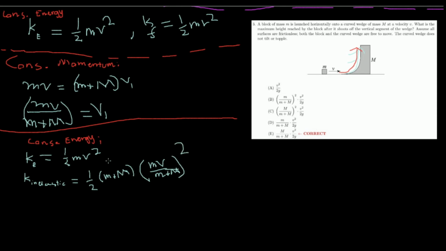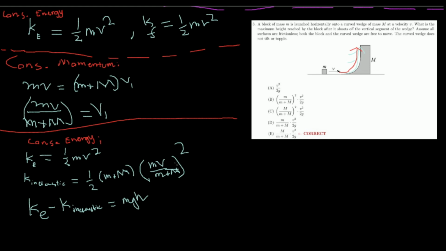And essentially, we just want to subtract these, right? Because we're going to have KE minus K inelastic equals mgh. So how to do this?